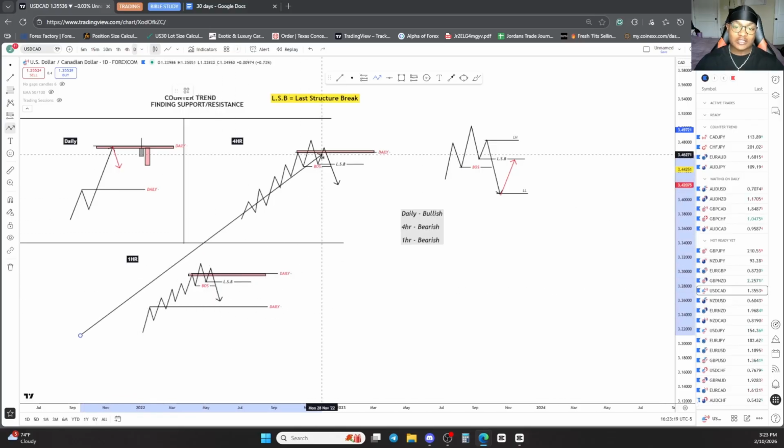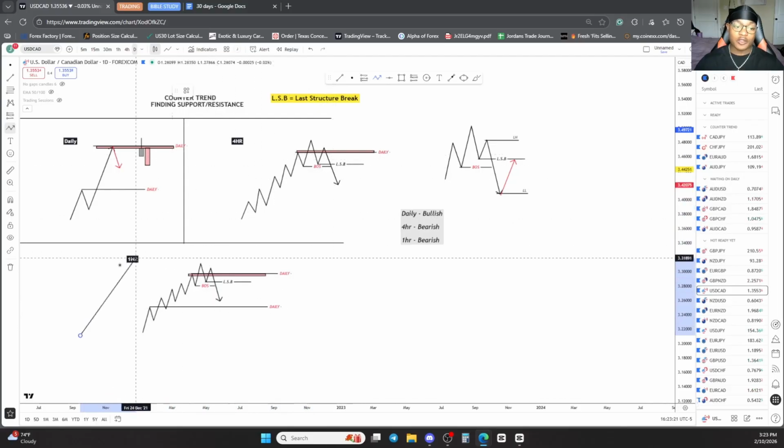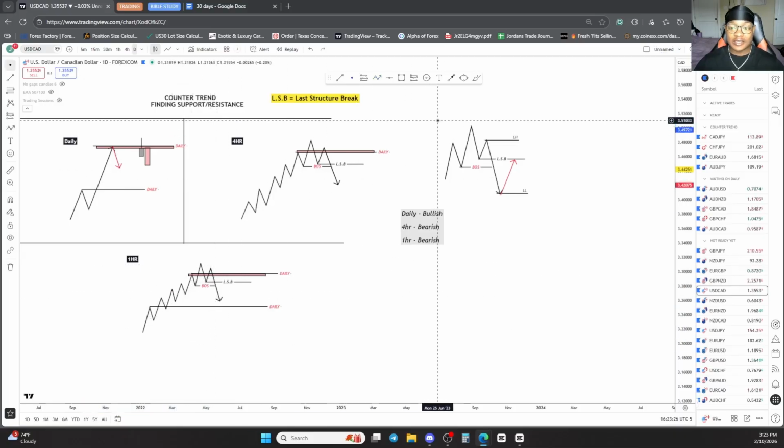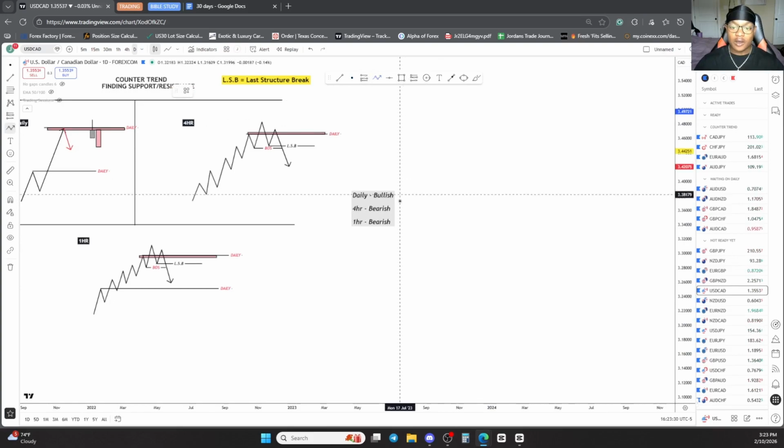The moment price gives us the break of structure on the 4-hour, the 1-hour should be doing the exact same thing, being in sync. And like you all know, when we are in sync heading towards the same direction, I'm looking for the 4-hour to perform the break and retest, and I'm looking for the 1-hour to perform the break and retest.